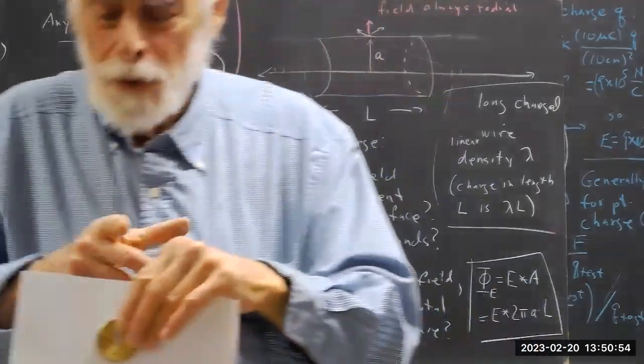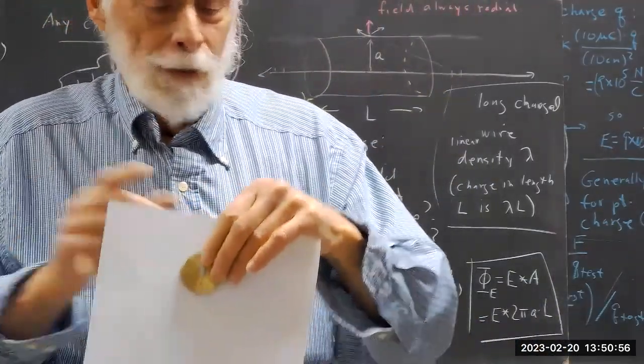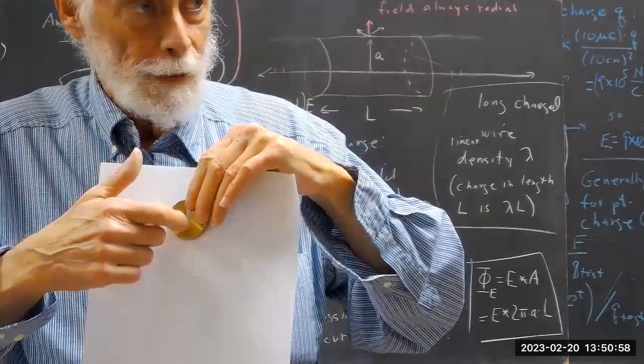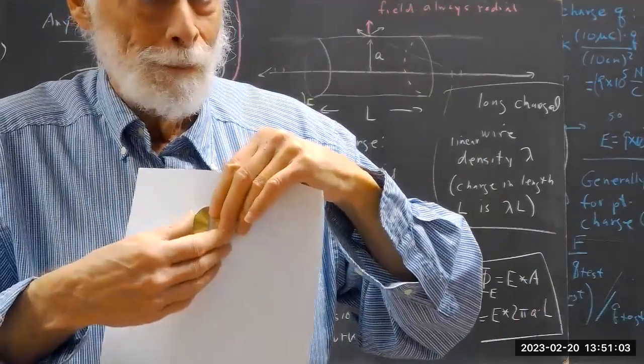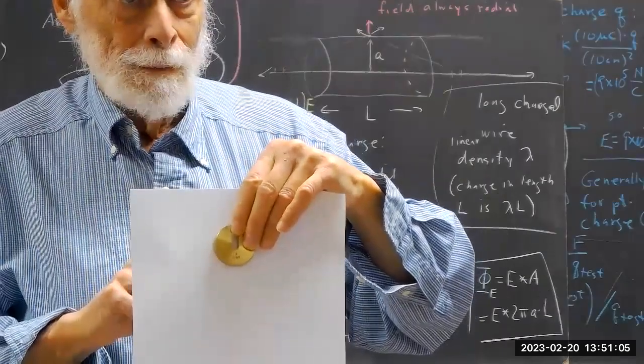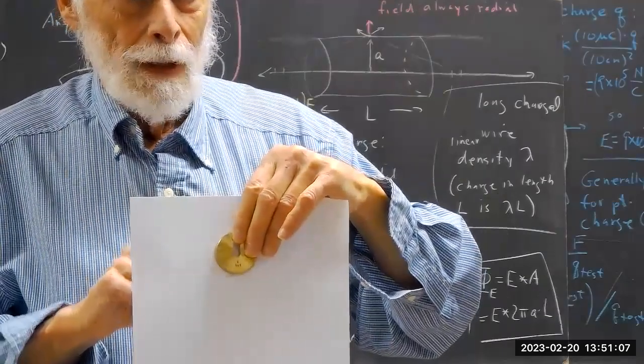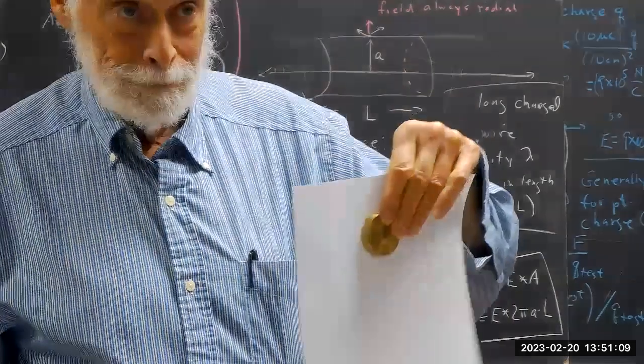So the field comes straight out of this thing. The field through the ends is the same on both sides.